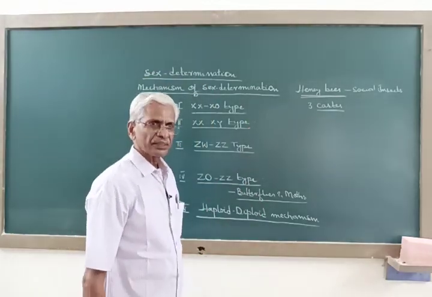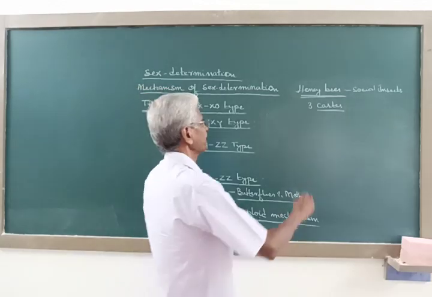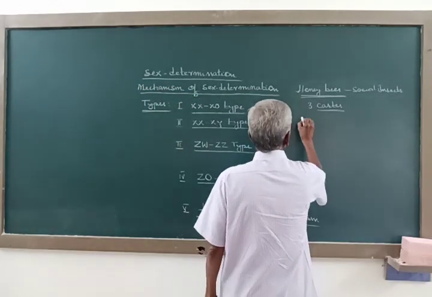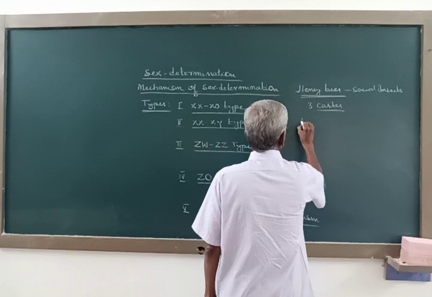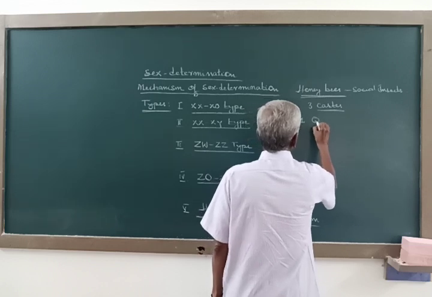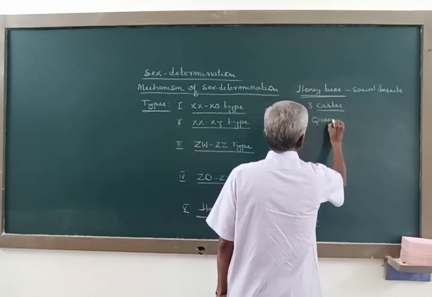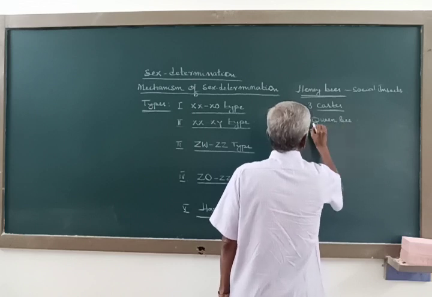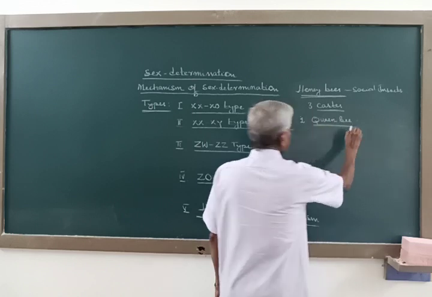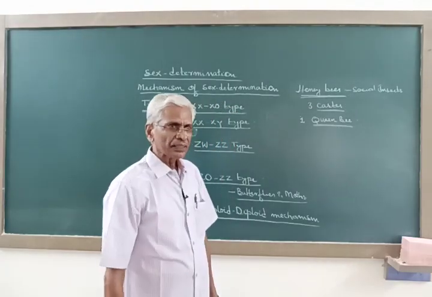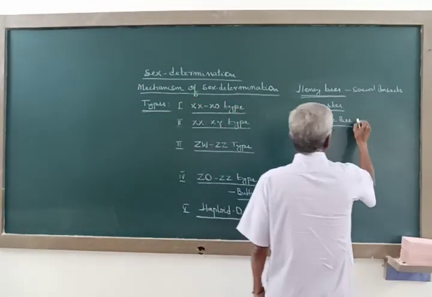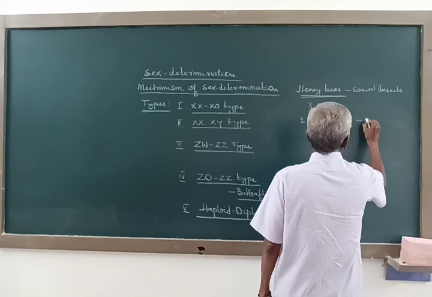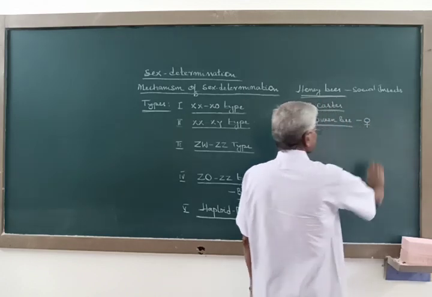Now here, the 3 castes of honeybees in a colony are, one is the queen bee. Now this queen bee is a potential or reproductive female.